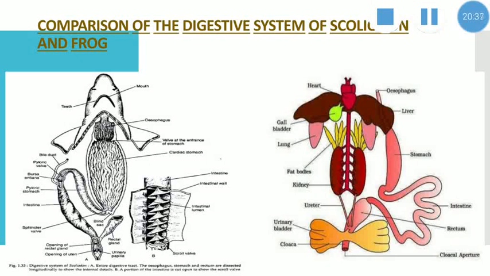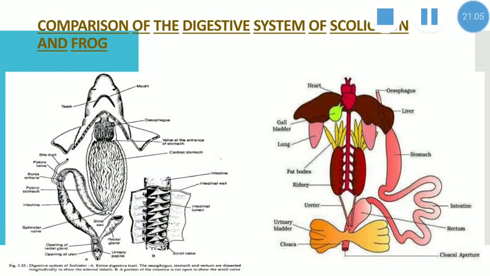Then in the case of Scoliodon, the pancreas is an elongated bilobed gland and it lies between the cardiac and pyloric parts of the stomach. The pancreatic duct opens independently into the beginning of the intestine. While in the case of the frog, the pancreas is an elongated, cream-colored, irregular gland. It lies between the stomach and duodenum and the pancreatic duct opens into the bile duct.